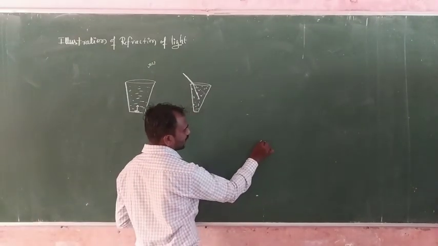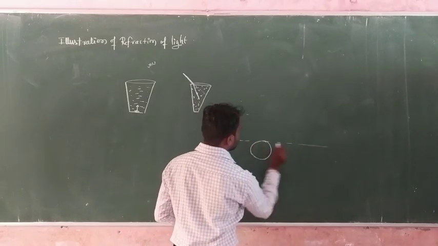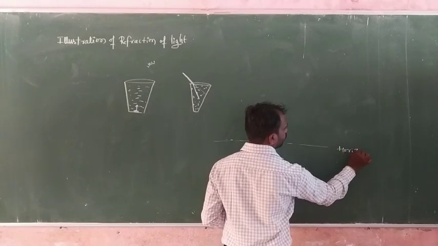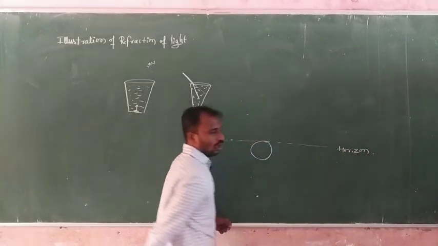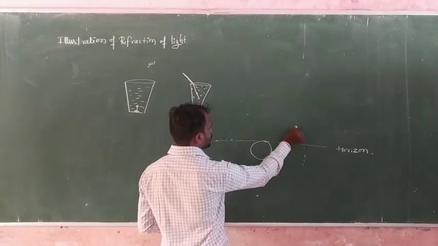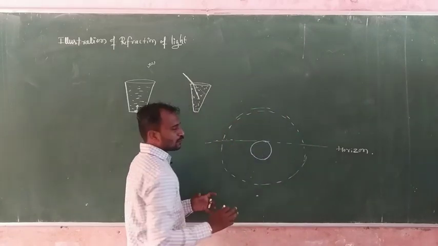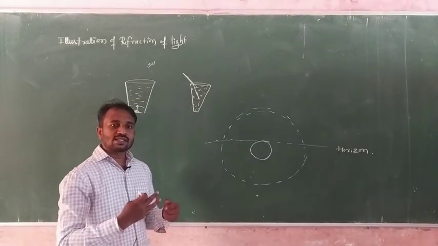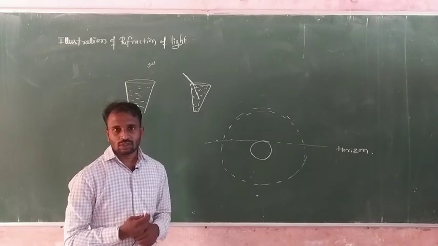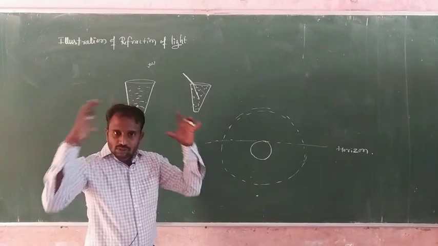Suppose this one is the earth, and this line we consider the horizon. The earth has a number of atmospheric layers. If you consider the oxygen layer, nitrogen and ozone, dust particles, it means a number of layers are there.